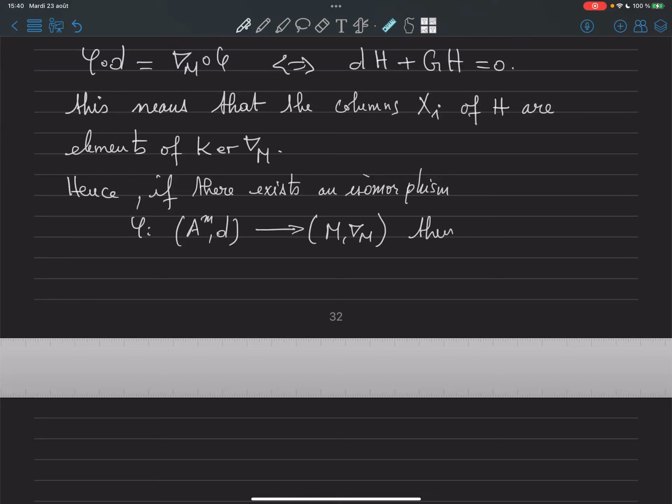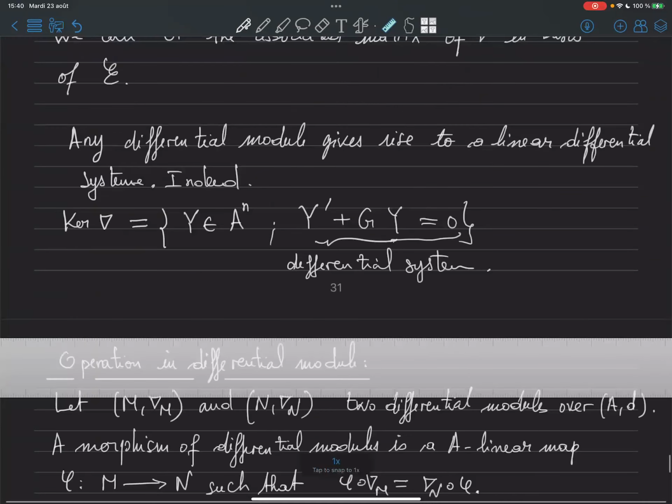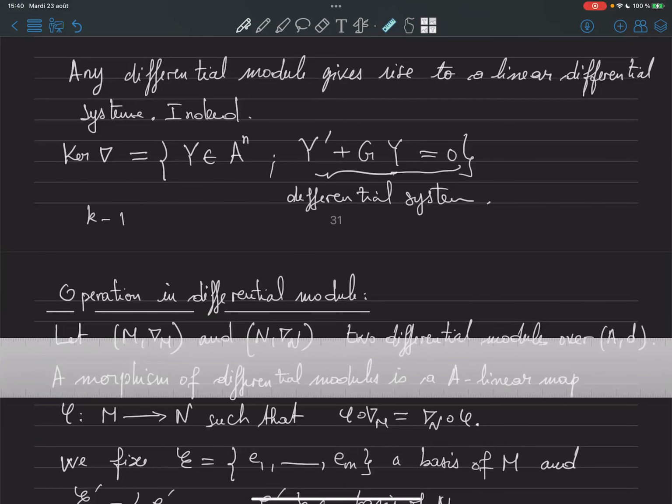Then the dimension of the kernel, I didn't say it before, but the kernel is a k-vector space of finite dimension.